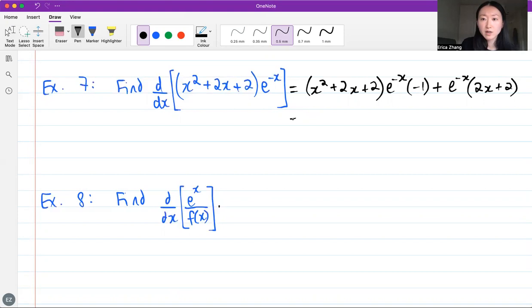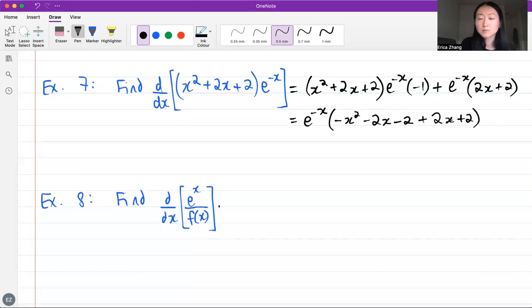Now let's simplify. We can pull out an e to the negative x in front, and everything in this first set of brackets gets a negative sign because of the negative 1. And then to that we add 2x and 2.